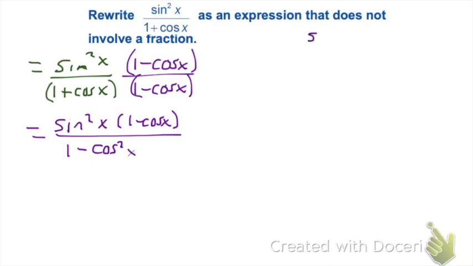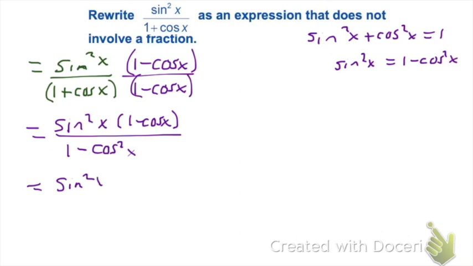We've done this one already a few times using our Pythagorean identities, but I'll show it again up in the upper corner. If we want to get sine squared by itself, we subtract cosine squared from both sides. So we can replace 1 minus cosine squared x with sine squared x.